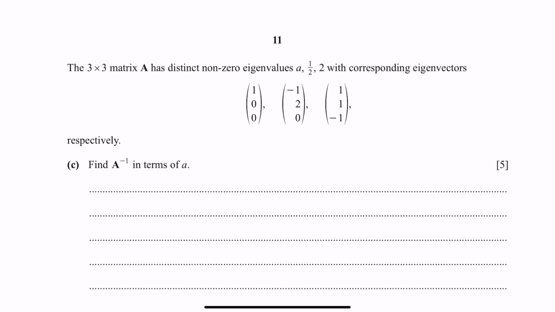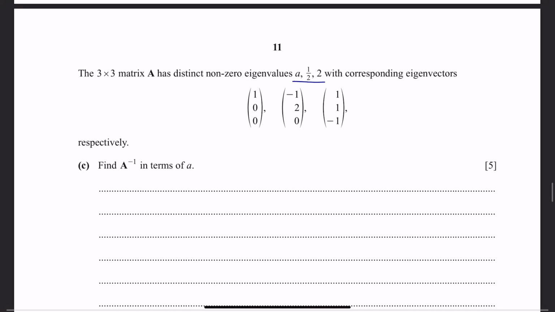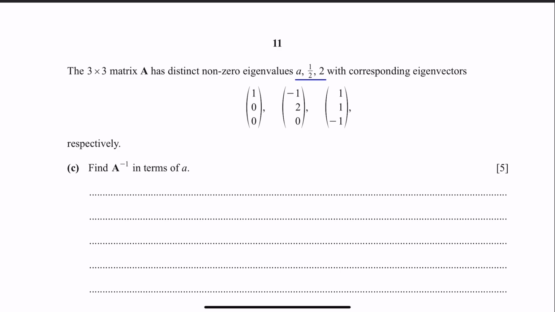For part C, it states that matrix A has distinct non-zero eigenvalues of this with eigenvectors of this three. So we need to find the inverse of A in terms of small a. A can be written as P, D, P inverse.